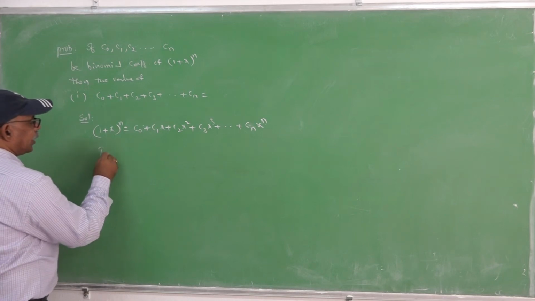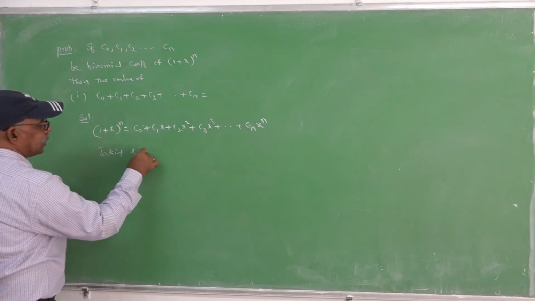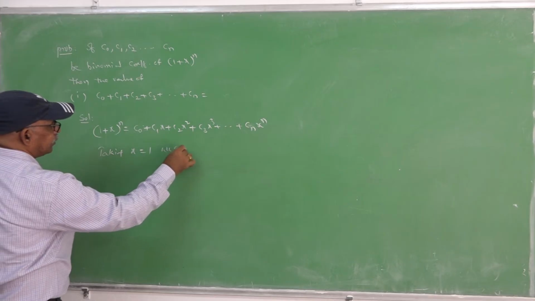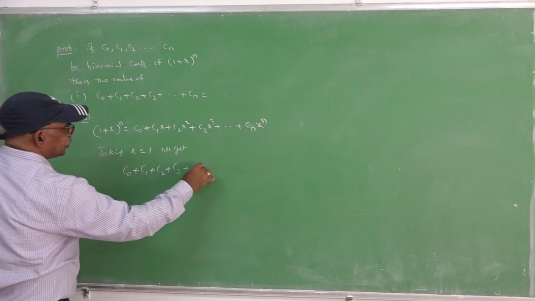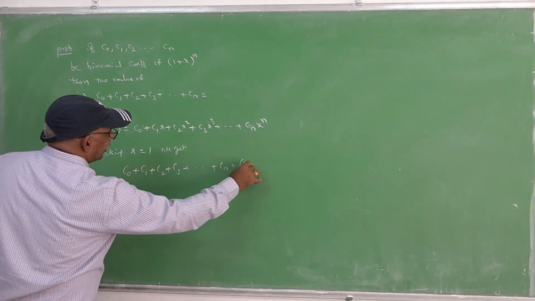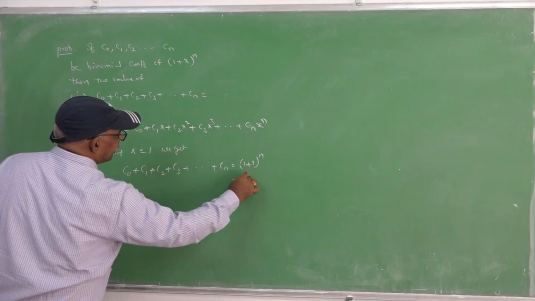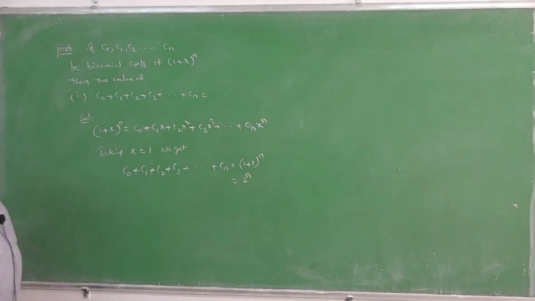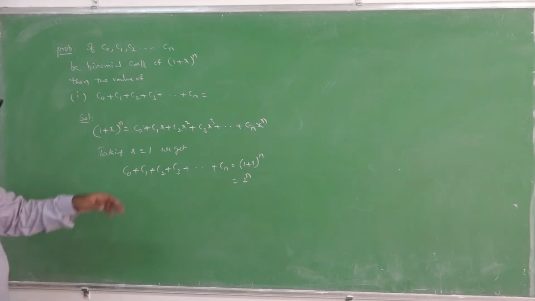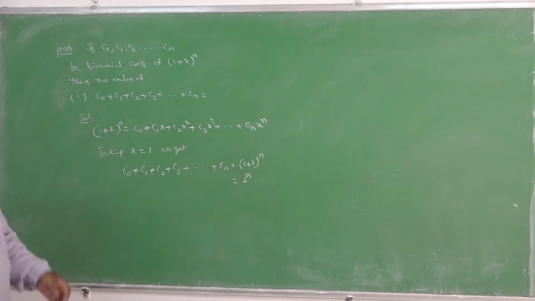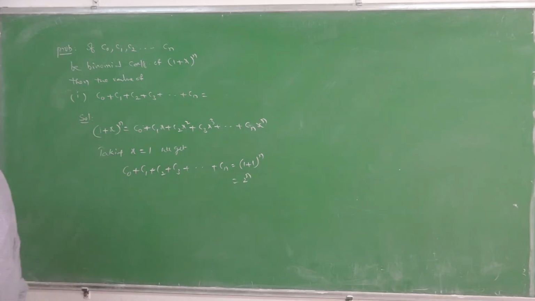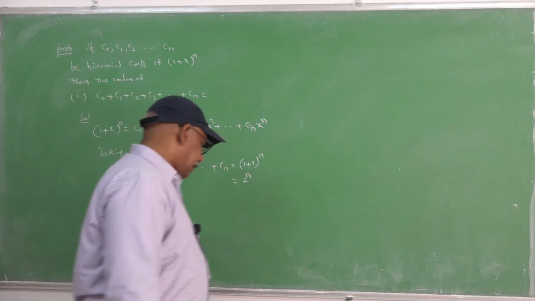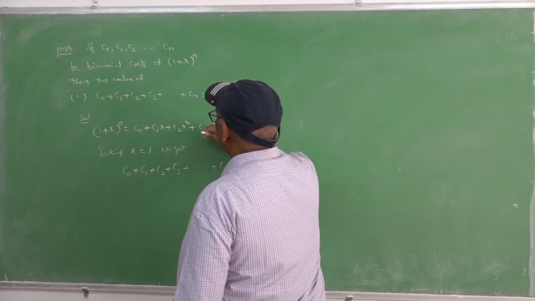So taking x = 1, we get C0 + C1 + C2 + C3 and so on Cn = (1 + 1)^n, that is 2^n. Hence, the sum of all binomial coefficients of the expansion (1 + x)^n is nothing but 2^n itself. This is one important result.